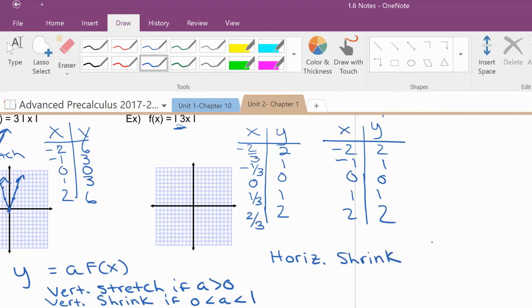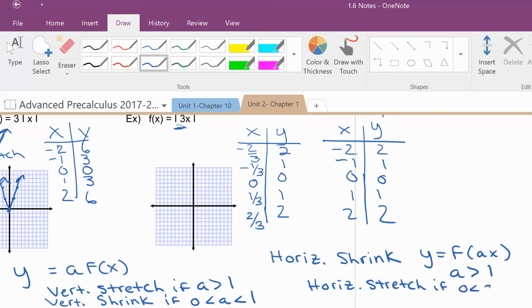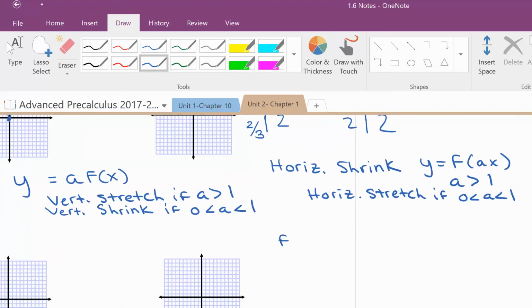And that is when y equals f of a times x, and a is greater than 1. It's a horizontal shrink if a is greater than 1. It's a horizontal stretch if a is between 0 and 1. Let's say I said f of x equals the absolute value of 1/3 x.